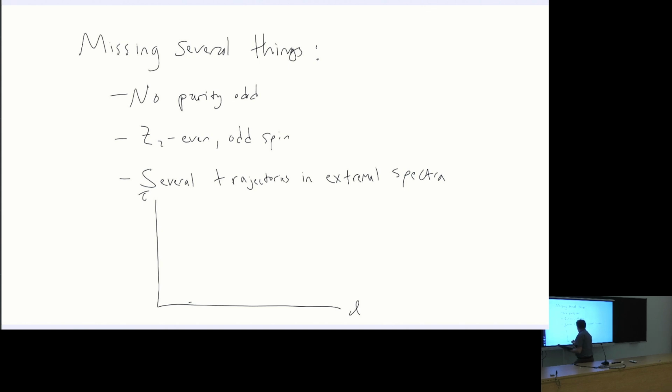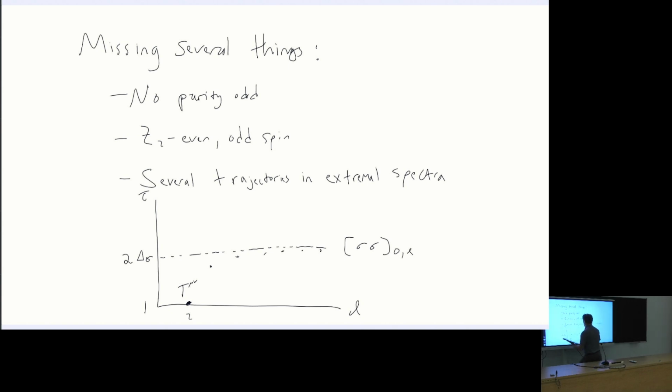First of all, there's a leading trajectory where the stress tensor sits down here at twist 1 and spin 2, and then it extends over to higher spin and asymptotes nicely to 2 delta sigma. So this is the leading sigma sigma 0, L trajectory. So you nicely see these operators in the extremal spectrum.